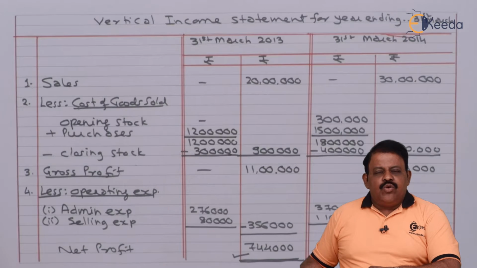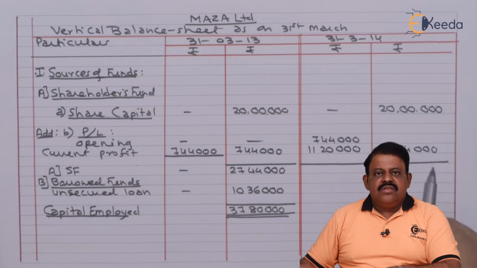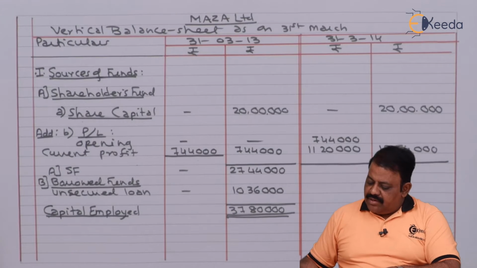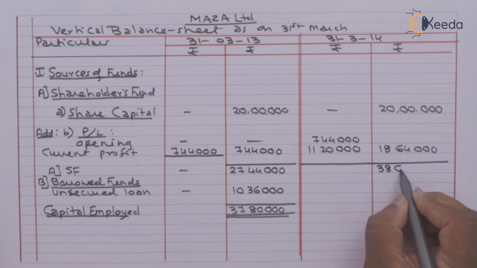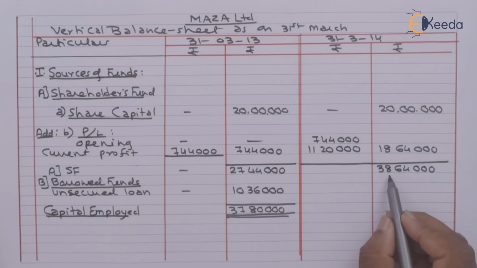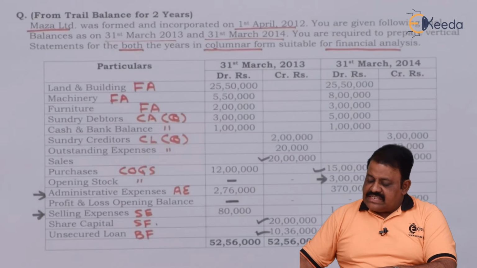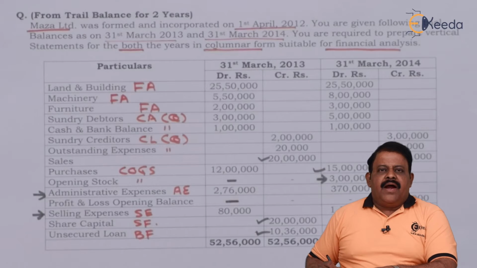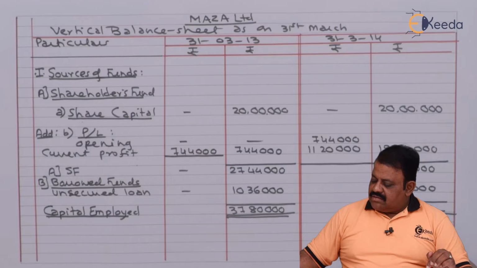This will be added to the opening balance. This is 18 lakh 64,000. This will be added to share capital. So shareholders fund is 38 lakh 64,000. Unsecured loan 4 lakh 66,000, which will be part of borrowed fund. So capital employed 43 lakh 30,000.